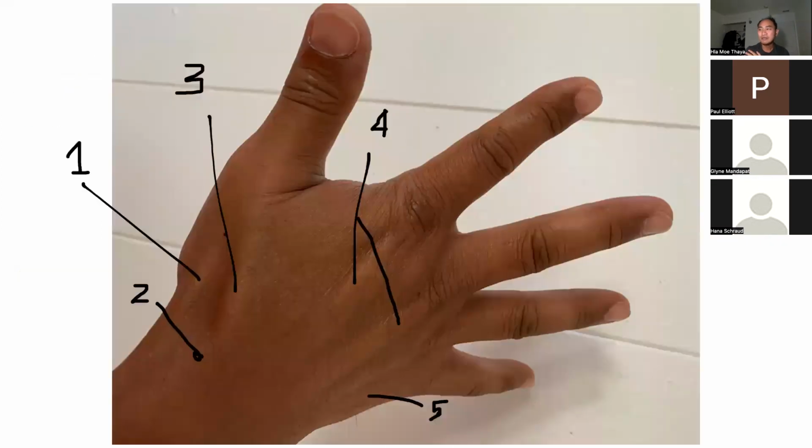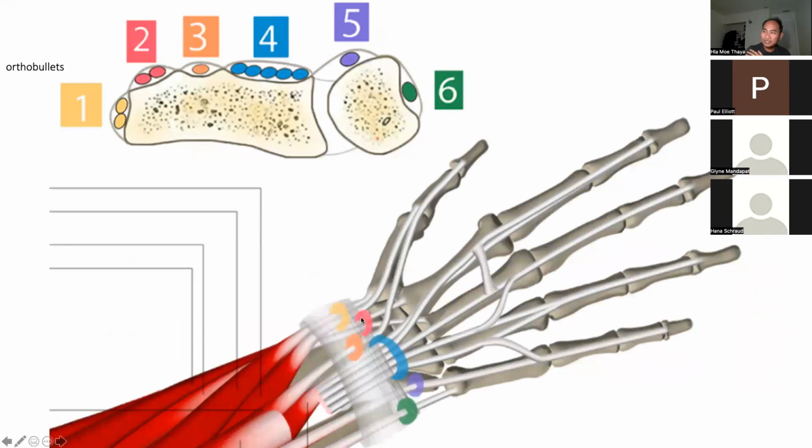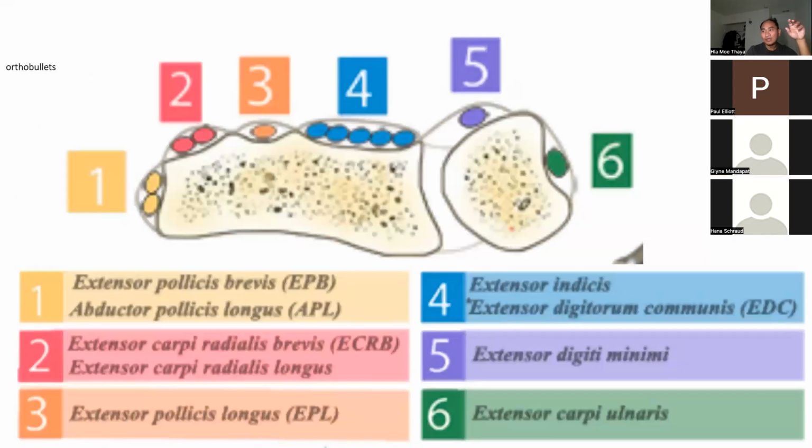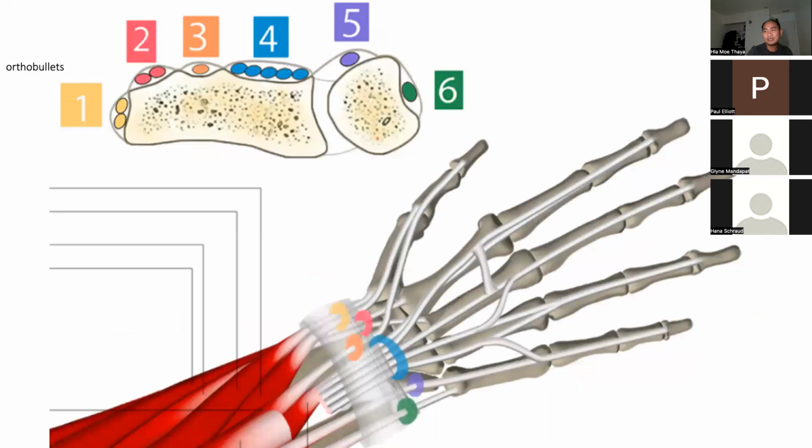Now we divide the extensor muscles into six groups from the thumb to the little finger side. In the first compartment at the thumb, there are two: abductor pollicis longus and extensor pollicis brevis. In the second compartment, here, the extensor carpi radialis longus and brevis.